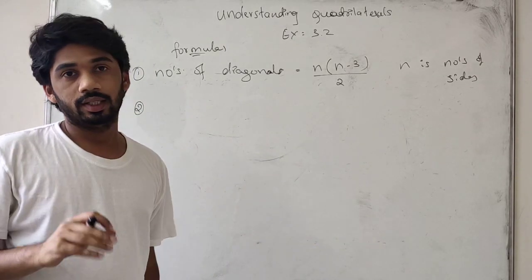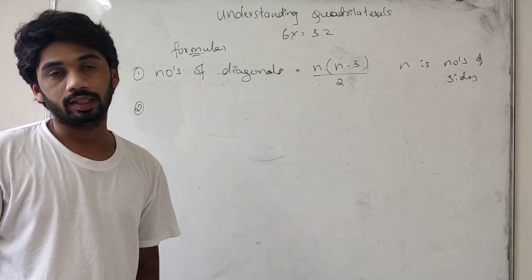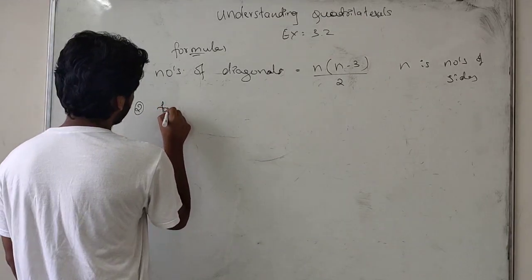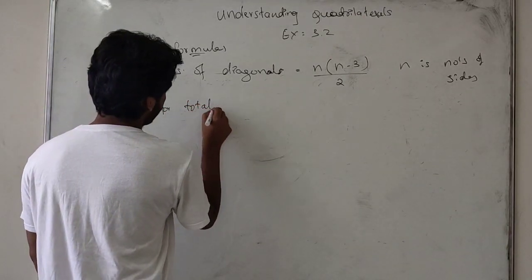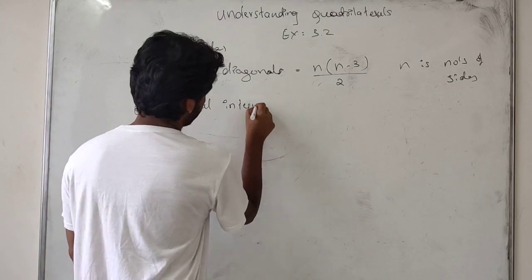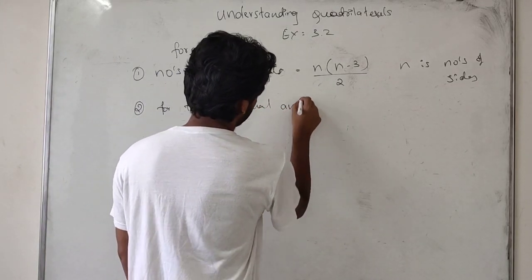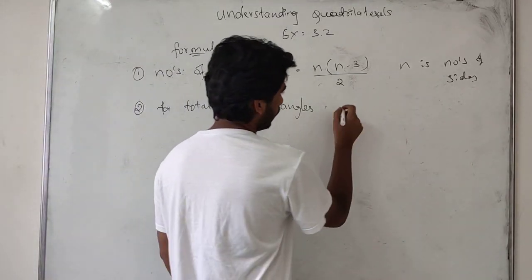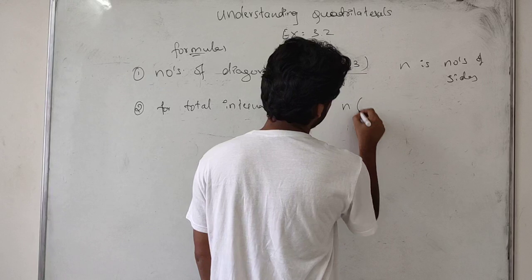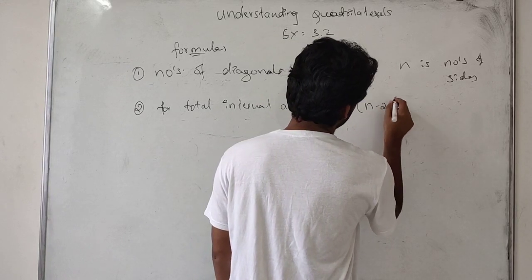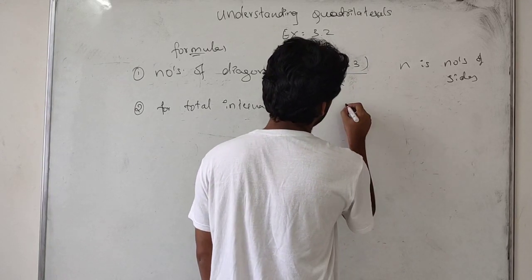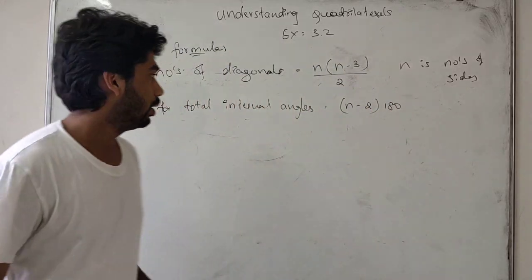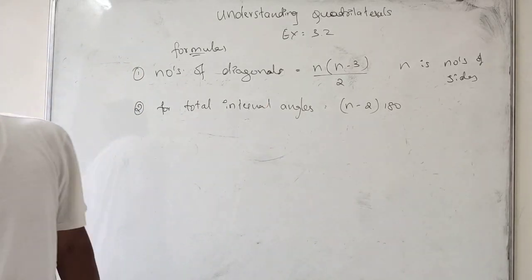Second one is for internal angles. For the total internal angles, there is a formula we have to know: n minus 2 into 180.